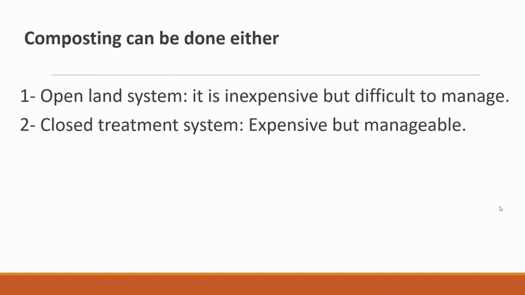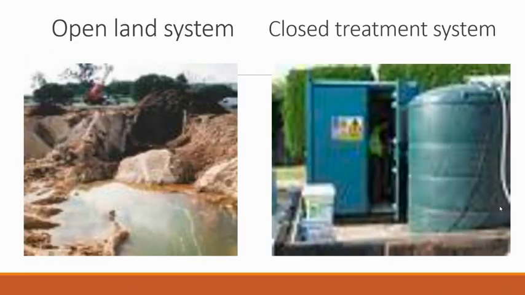Now, composting can be done either in an open land system or in a closed system. The open land system is an inexpensive but effective way to manage, but the closed treatment is expensive but manageable. In open land, you cannot control it, but in a closed system, you can control it.